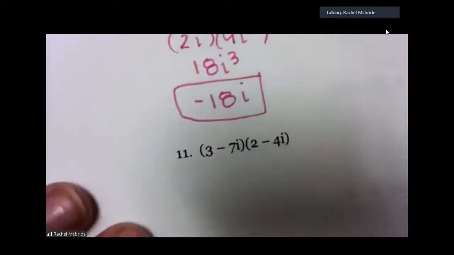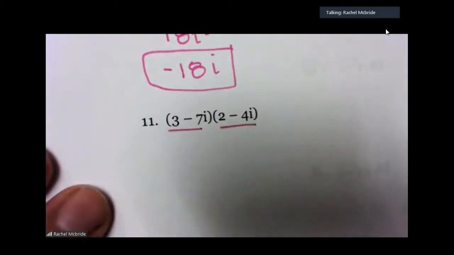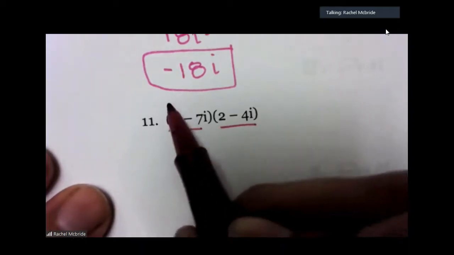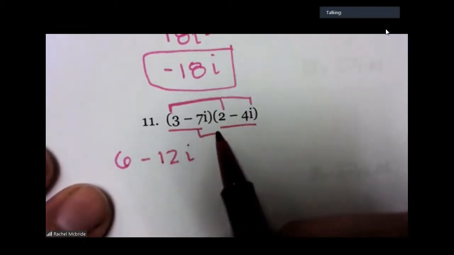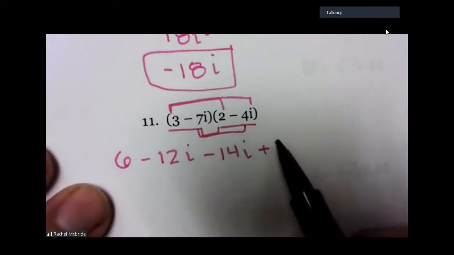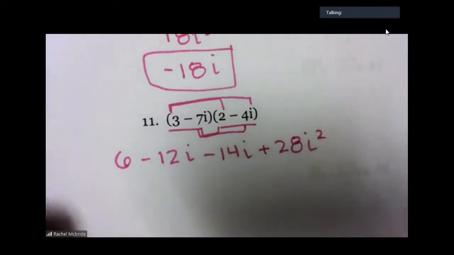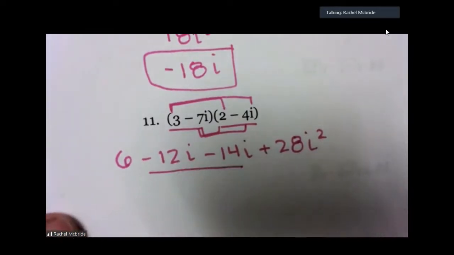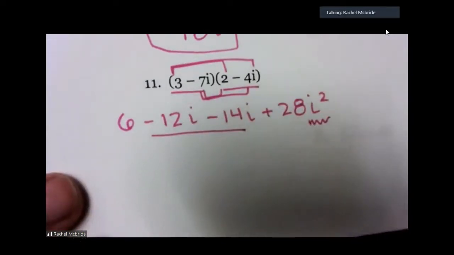And then the last is FOIL. So you have to FOIL if you have a binomial times a binomial. So that's first, outer, inner, last. You're going to group together the i's, and you're going to change i squared to negative 1.